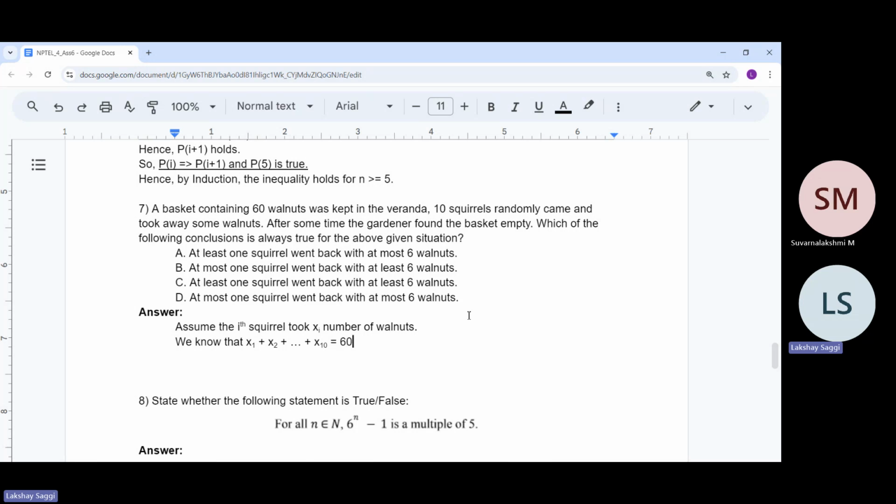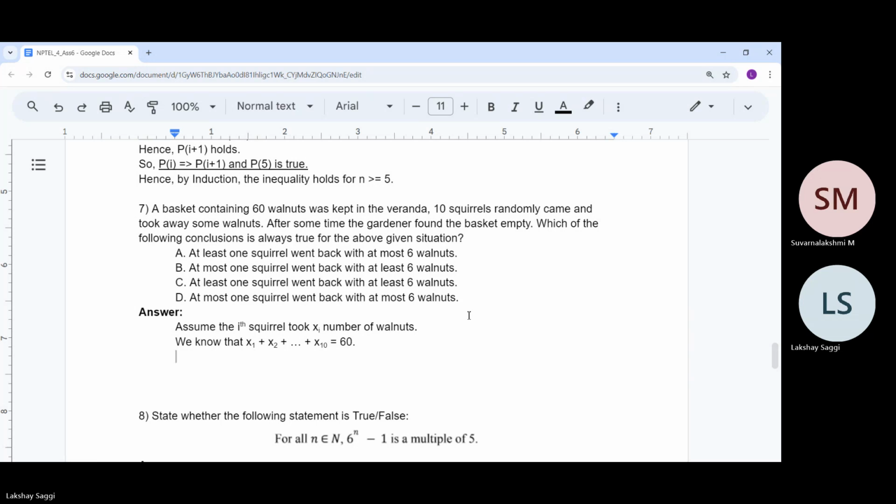All these squirrels together took 60 walnuts.